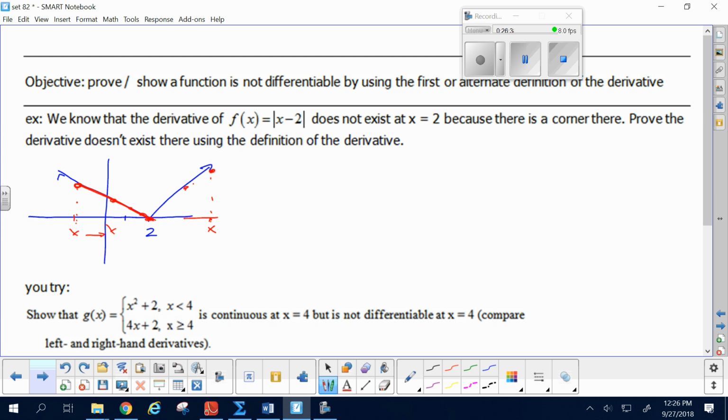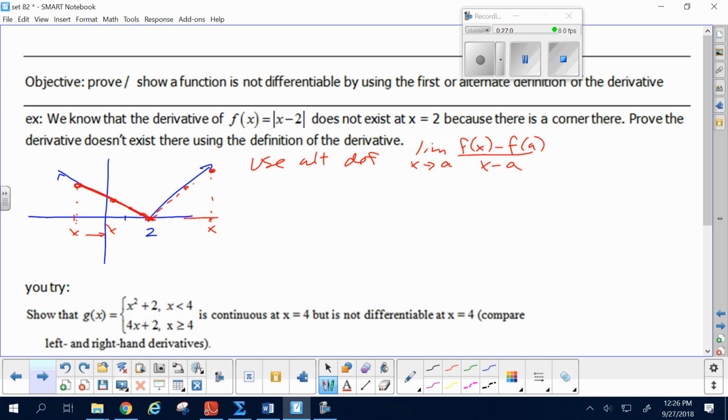Will the slopes be the same? And you can see that they're not going to be, and that's what we're intending to prove. By the definition of the derivative, I strongly recommend you use the alternate definition. Generically speaking, what's the alternate definition of the derivative? The limit as x goes to a of f of x minus f of a over x minus a.